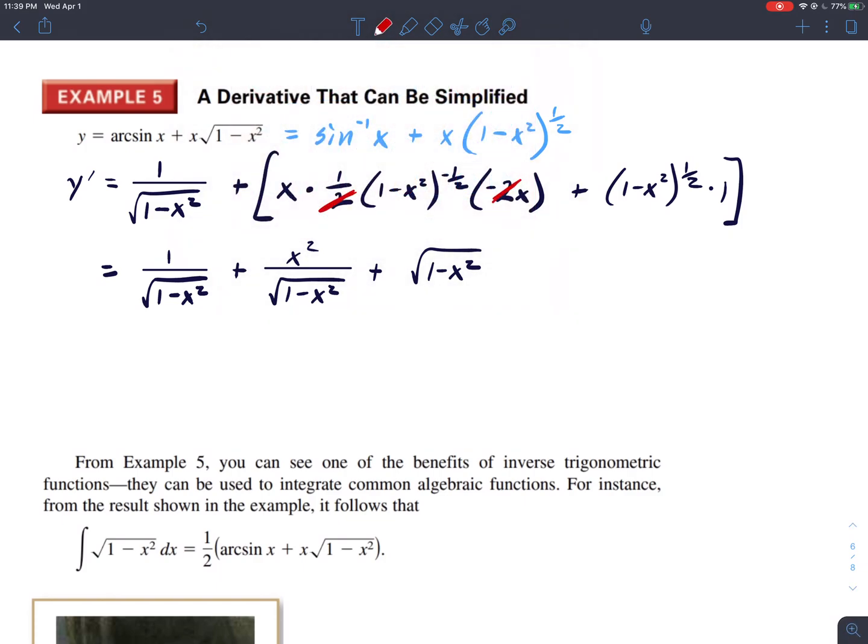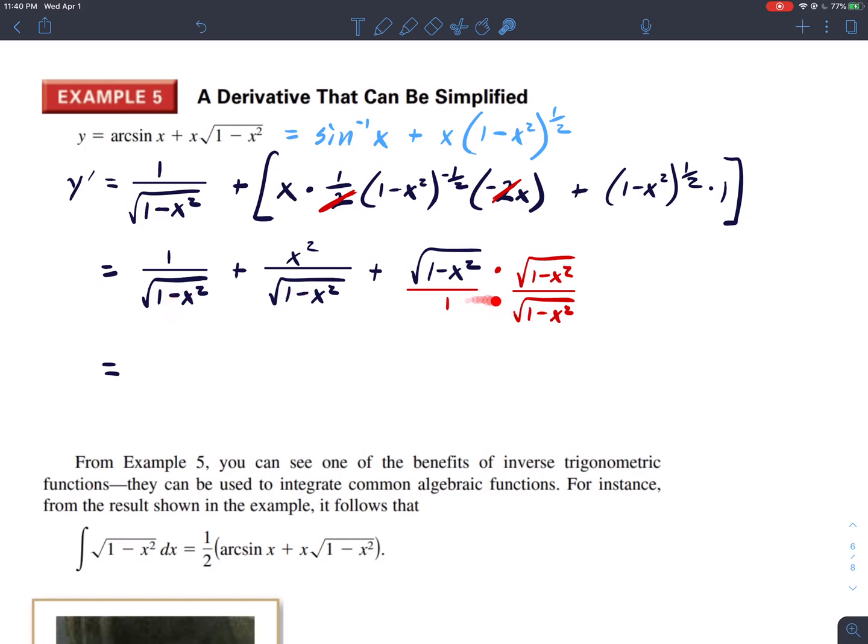In fact, if I just took this and let's say this is technically over 1, and I multiply it by a common denominator, square root 1 minus x squared over square root 1 minus x squared, then this starts to clean up. I've got the same denominator in each piece.